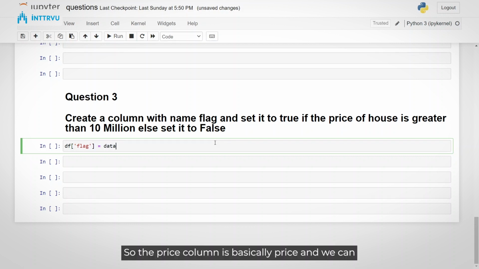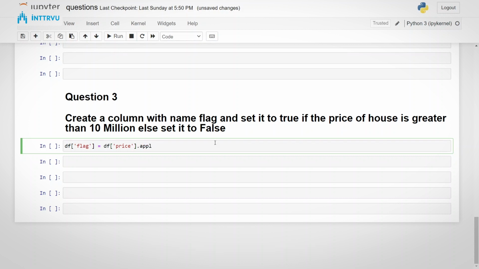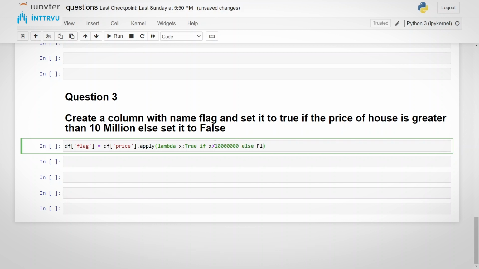The price column is basically price, and we can use the lambda function to do this. Apply lambda x, we want to set it to true if x is greater than 10 million. So 10 followed by 6 zeros, and else false.